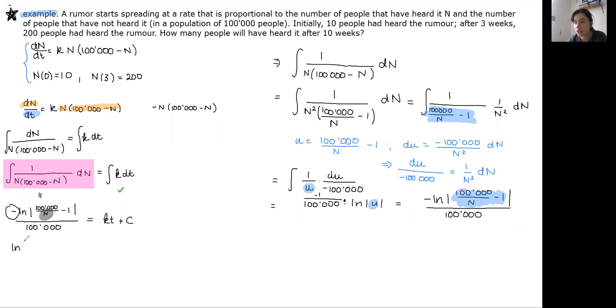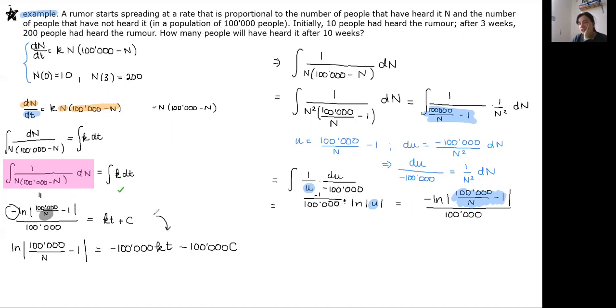So that means I have ln of 100,000 over n minus 1 is equal to negative 100,000 times k times t plus negative 100,000 times c, so minus 100,000 times c.